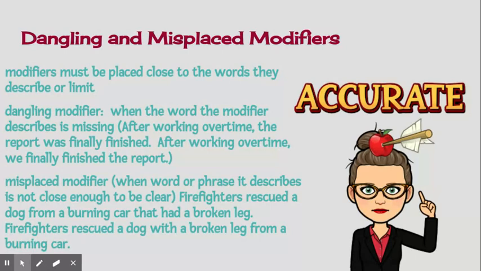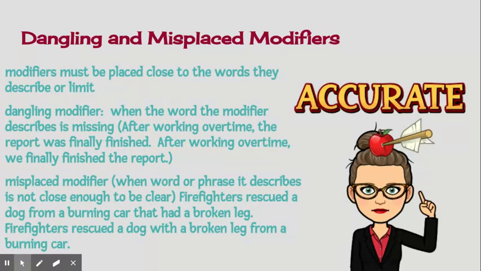So when we rewrite the sentence, we have to put that information in. After working overtime, we finally finished the report. And that's a major issue with modifiers. If you have long introductory verbal phrases, you need to make sure you follow them immediately with the words they logically describe or modify.